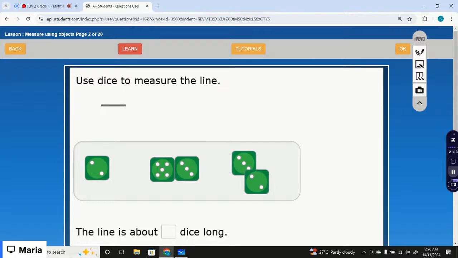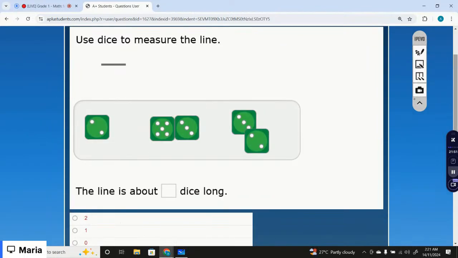Use dice to measure the line, which is the correct option. That is one dice long.